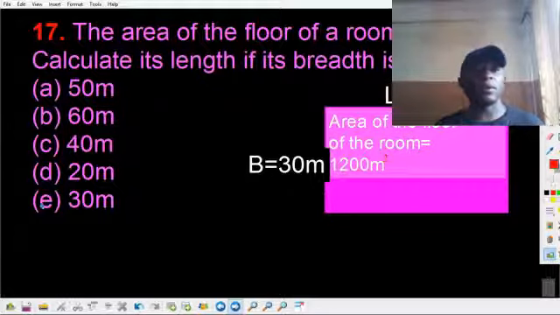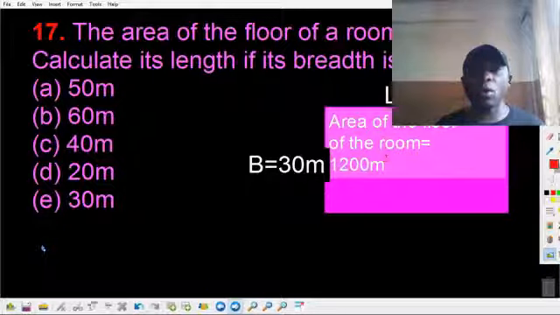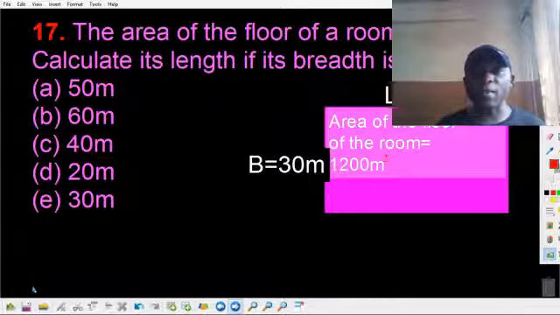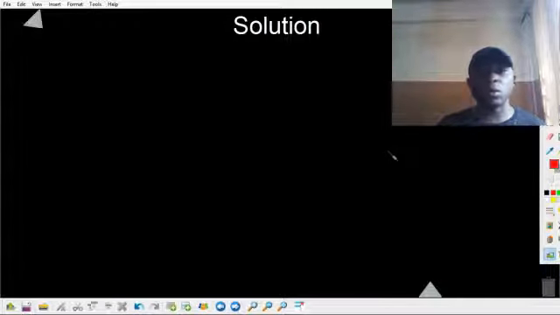Now, let's proceed to number 17. The area of the floor of a room is 1,200 meters square. Calculate the length if its breadth is 30 meter. Now let's look at the solution to this.